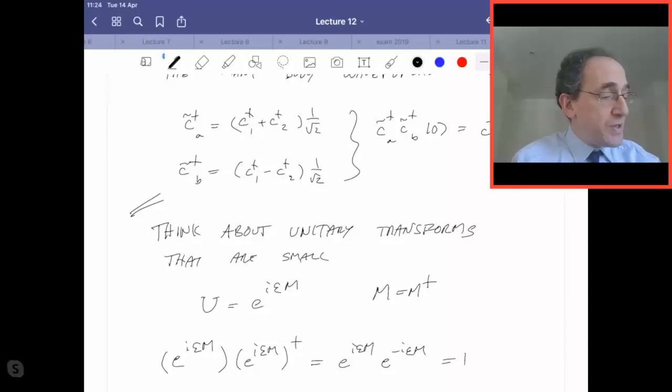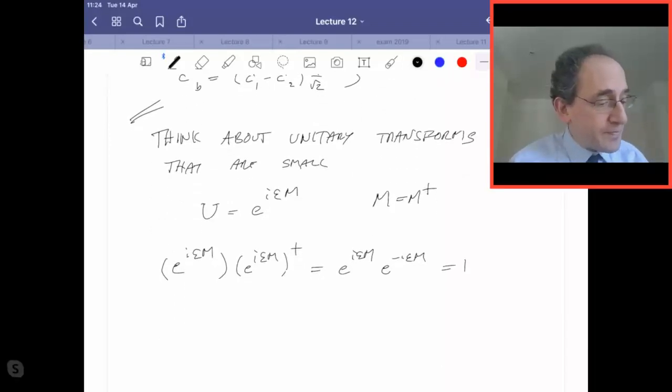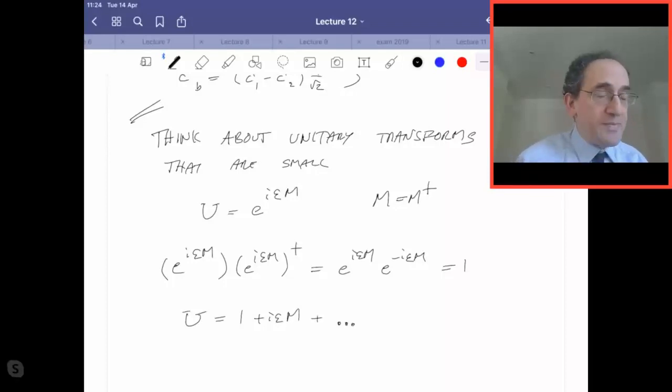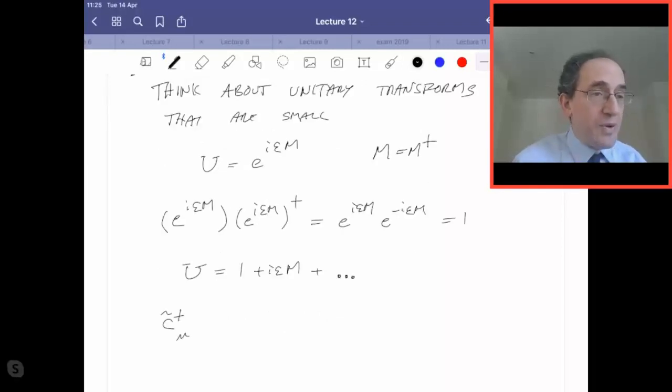Okay, so since epsilon is small, we can expand this exponential, and the unitary is 1 plus i epsilon times m plus ... terms, which we're mainly not going to be concerned with. This is going to be enough. So the basis transform we're going to be considering is our c twiddle mu, our new basis, is going to be our old basis, so this is applying the identity operator to c dagger.